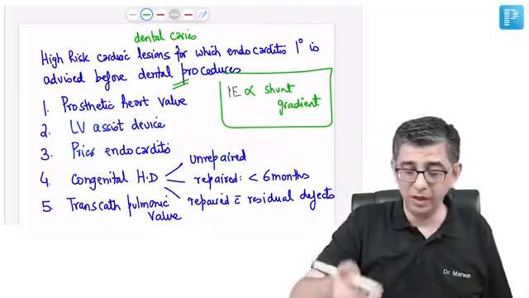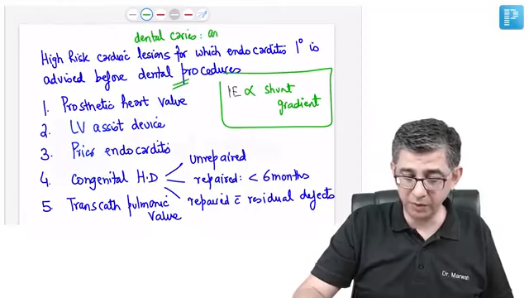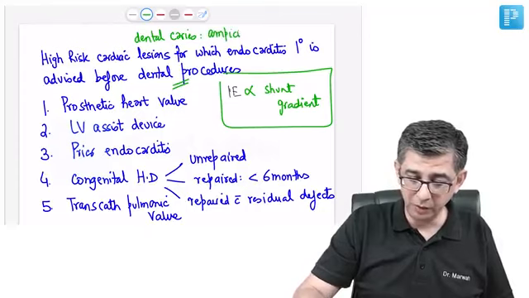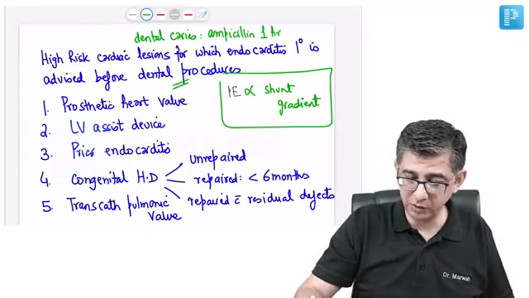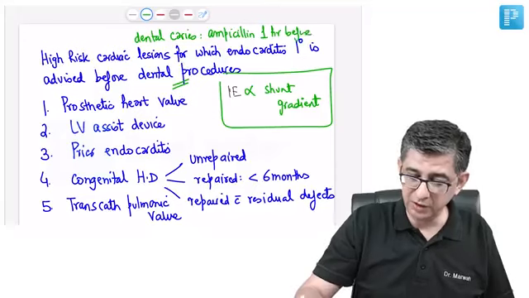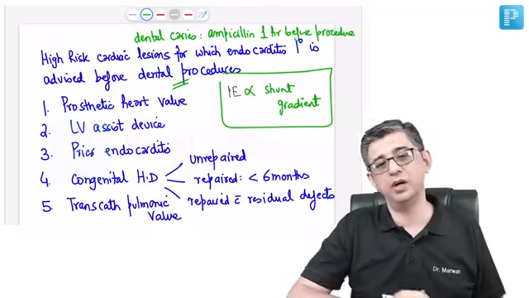As a result, in patients with dental caries, before the procedure we will be giving ampicillin. This would be about 2 grams of ampicillin, which can be given 1 hour before the procedure. The reason we are doing this is to mitigate the risk of damage to the heart valves.